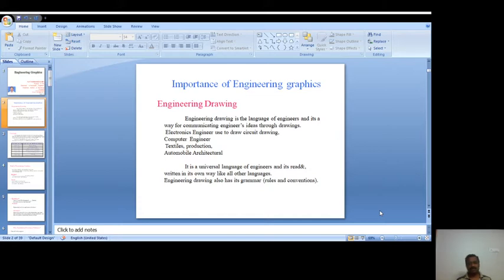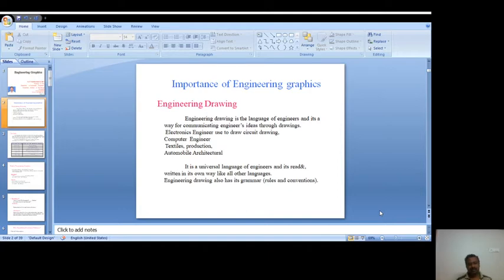A mechanical engineer draws machine drawings. In civil or architecture, they do the planning, draw the plan for the building, and elevations. It is the representation of any ideas.